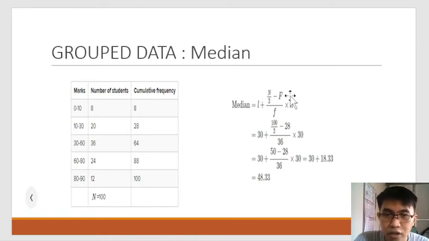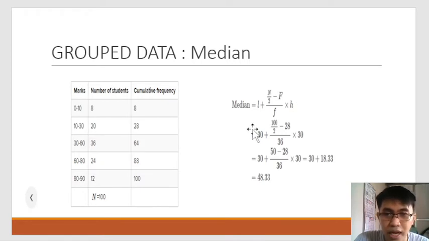Ibig sabihin, yung cumulative frequency bago yung cumulative frequency ng median class. Tapos yung small f naman po, that is the frequency of the median class. Yung h naman po is the width of the median class, or in some books, tinatawag po siyang the size of the interval.